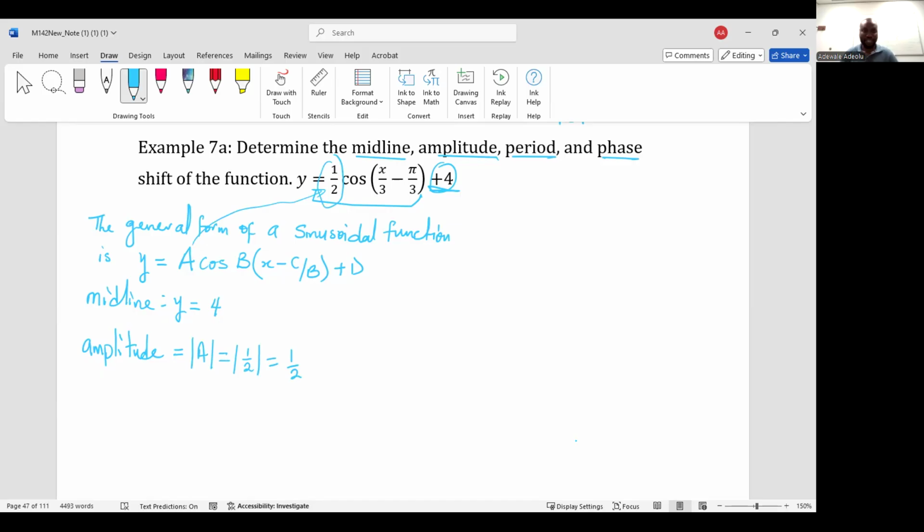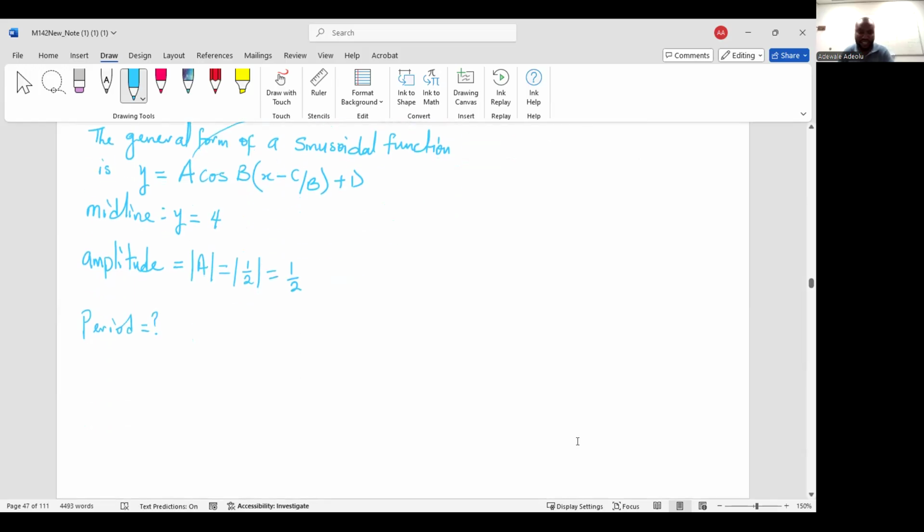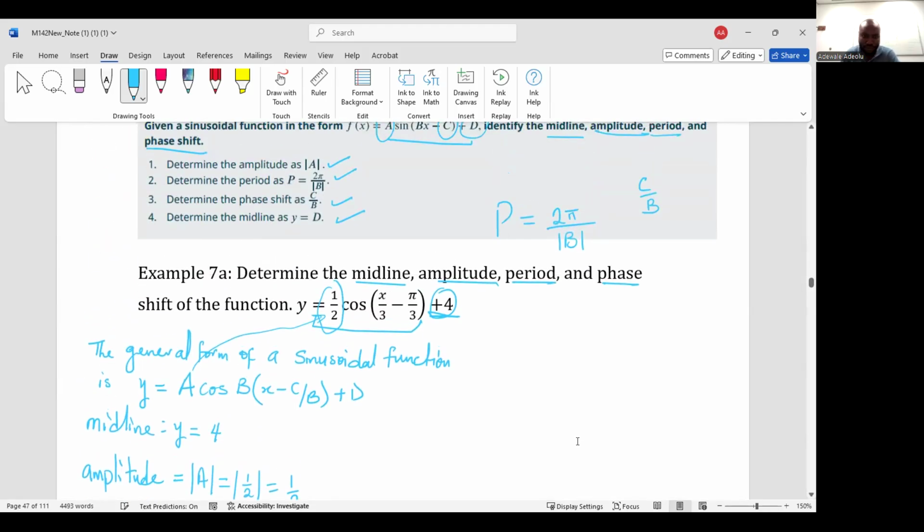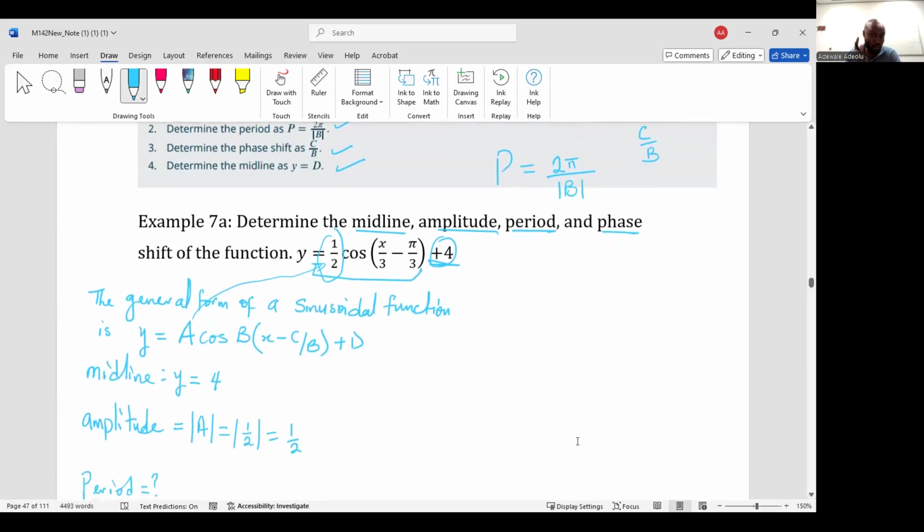Okay. Now, the next thing is the period. We cannot pick it directly from the equation itself, but we do know that period is related to something in that equation, which is b. So we use the absolute value of b. So that is 2 pi divided by, then let us go back. What is b? We need to do something to get our b.